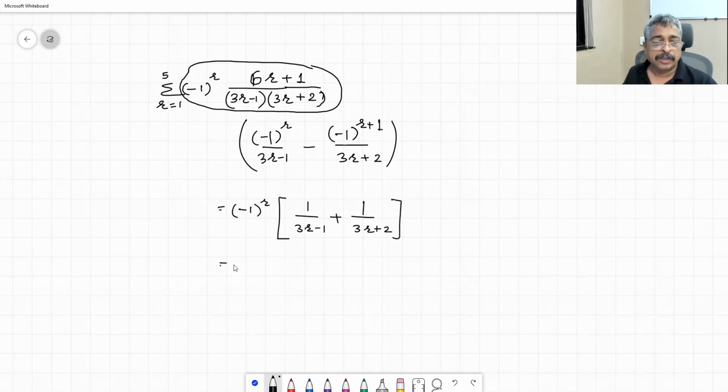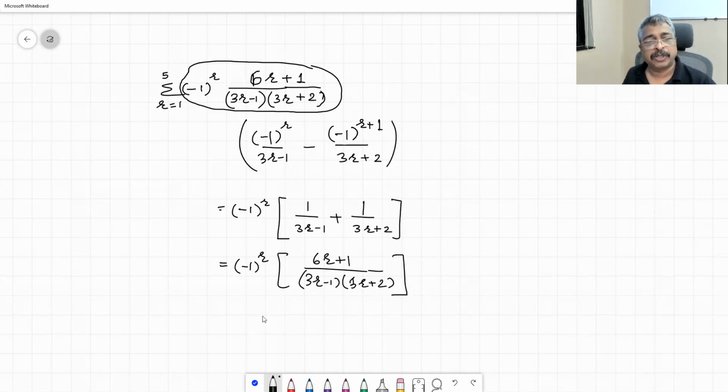Then this is equal to minus 1 raised to r, inside bracket 6r plus 1 upon 3r minus 1 into 3r plus 2. So it is exactly equal to what is there inside the summation.